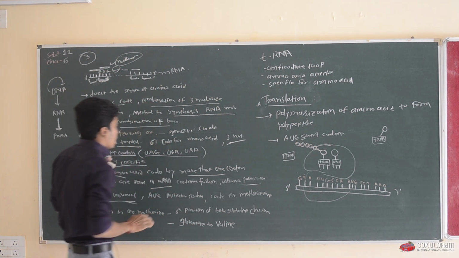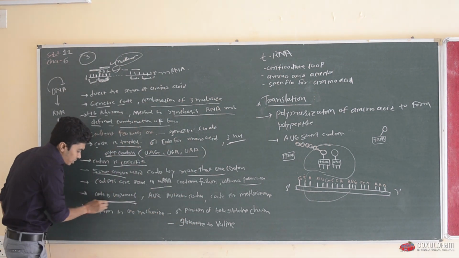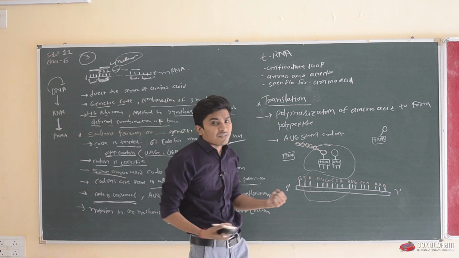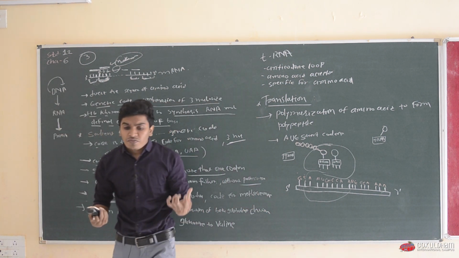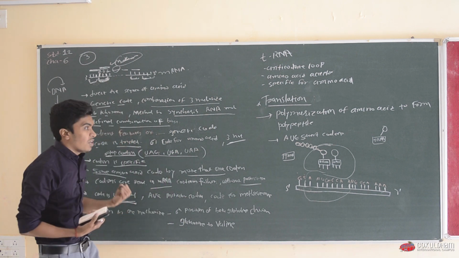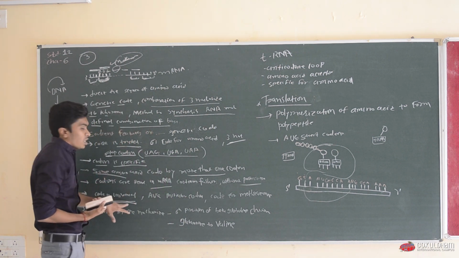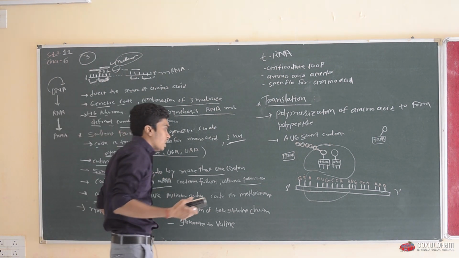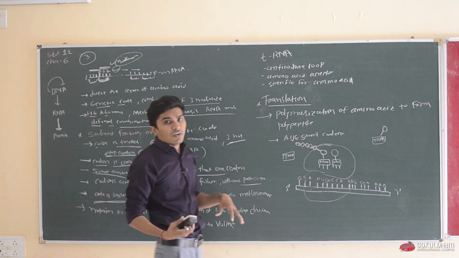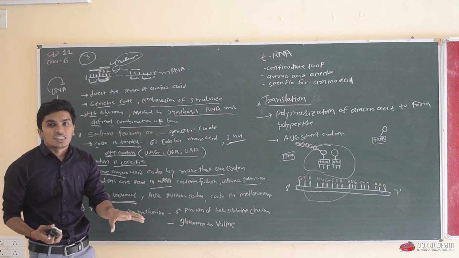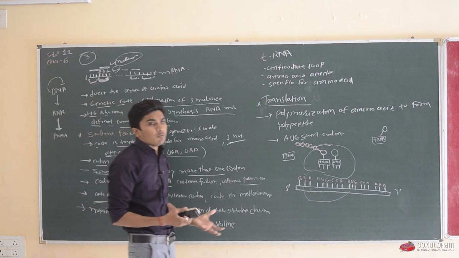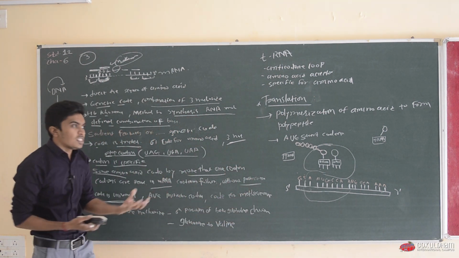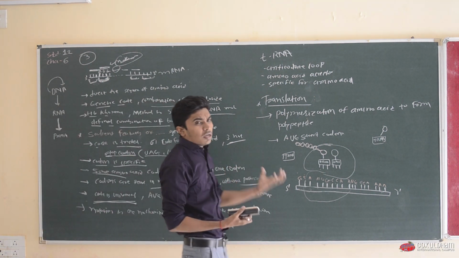We can use this universal property in genetic engineering, where we can use the bacterial code for the formation of a particular protein in another organism to produce a different kind of protein, which is ultimately useful for us.